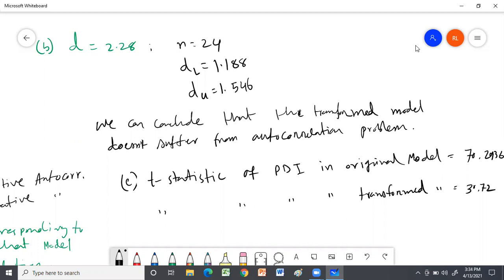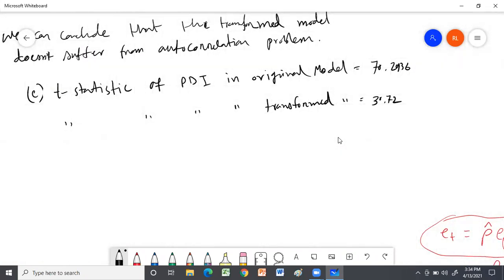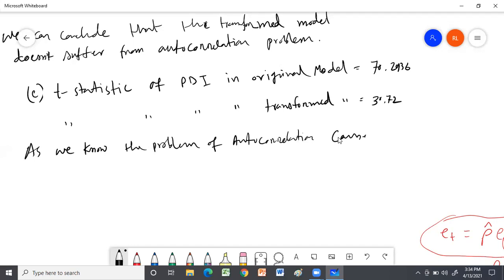Yes, sir. So you have to write down this: as we know, the problem of autocorrelation causes inflated t statistic for OLS.